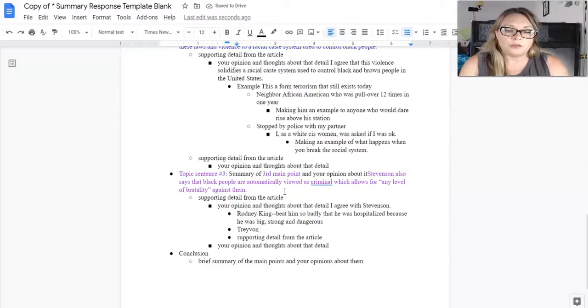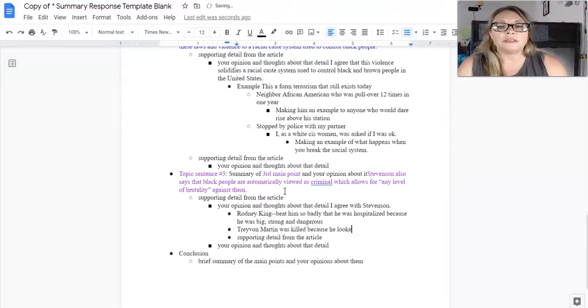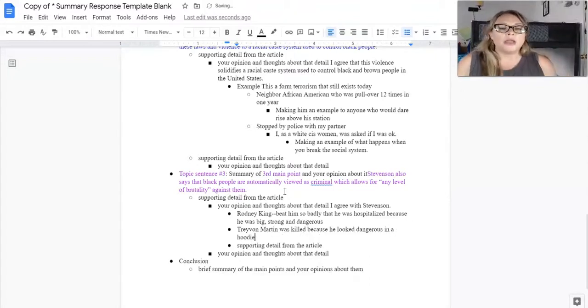That Trayvon Martin, and you can look it up if it's not something you're familiar with, was killed because he looked dangerous in a hoodie. That like somehow a 16-year-old boy was innately dangerous. There are so many other examples. And then the idea that like George Zimmerman can get off, I would put all of those things in there. That this is very clear to me, that I have seen this and I agree with that.